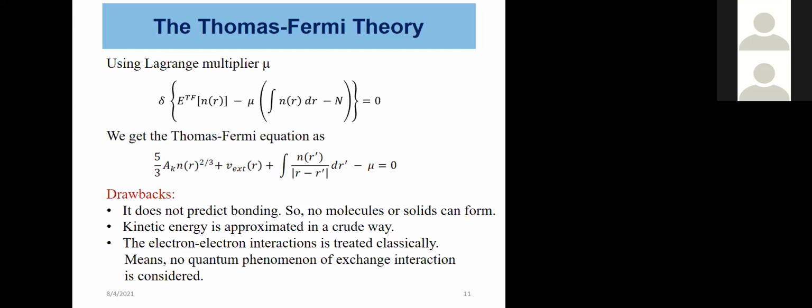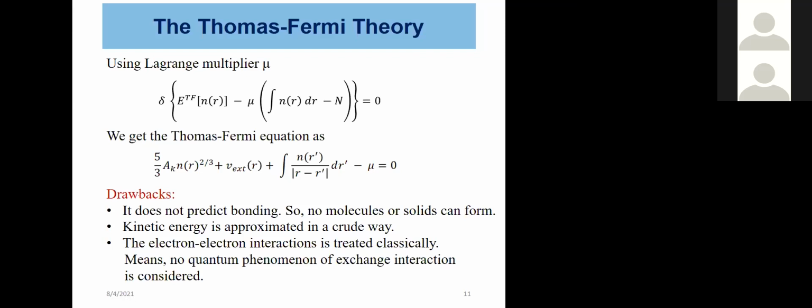We take the total sum of the energies of all the states filled up to the Fermi wave vector k_F, integrating over all k space, and we get a total kinetic energy. This is a very crude approximation because there is no quantum interaction involved. So the kinetic energy is wrongly estimated, and it gives a wrong ground state or wrong properties of the system.